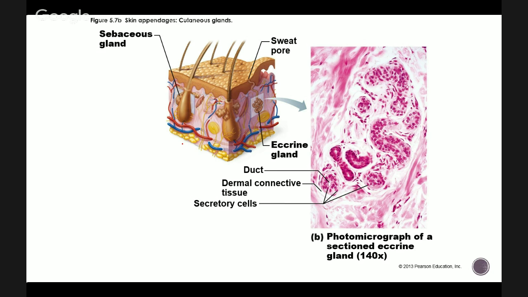So sweat is deposited at the surface of the skin, and then through evaporation, the air will come along and evaporate that sweat, cooling down the surface of the skin. It's a cooling mechanism. Works really well if you have low humidity. If you have high humidity, it doesn't work so well because it doesn't evaporate as well. Running in 90-degree weather with high humidity, it doesn't work very well.